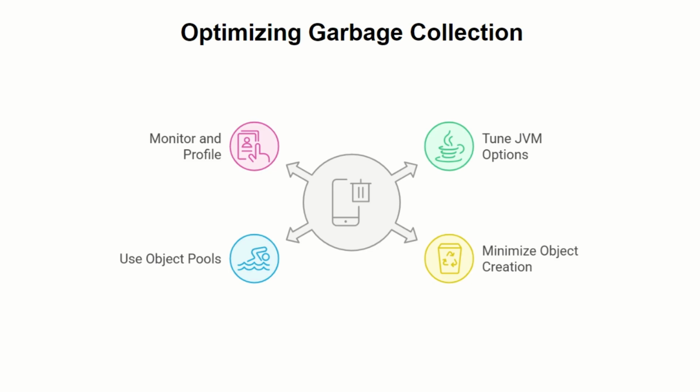You can optimize by minimizing object creation, reusing objects when possible to reduce the number of objects that need to be collected. For performance-critical applications, use object pools to reuse objects instead of frequently allocating and deallocating them. Like with database connections, using connection pooling is a better option. Then regularly monitor garbage collection logs and profile your application to detect issues related to memory usage and GC performance.